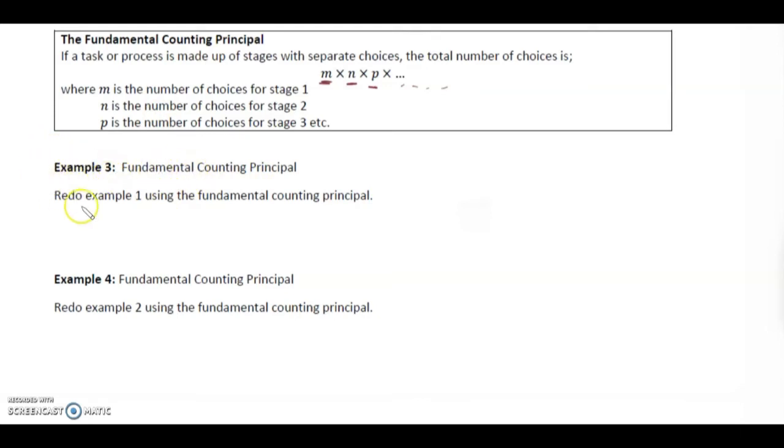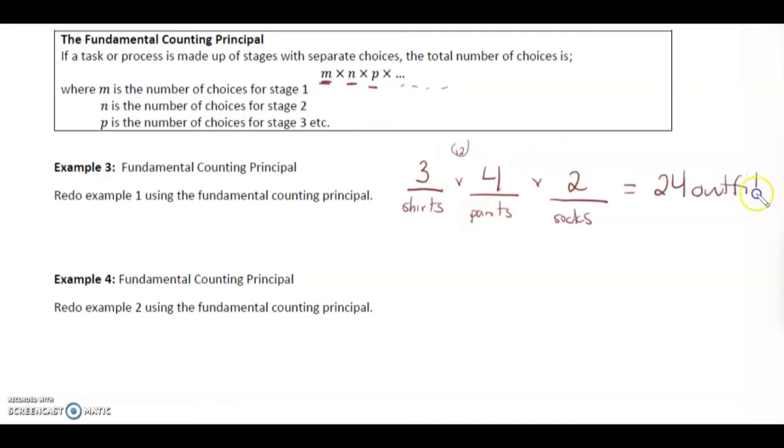Let's redo examples 1 and 2, this time using the fundamental counting principle. In example 1, we have shirts as stage 1, pants as stage 2, and socks as stage 3. We have 3 shirts, 4 pants, 2 socks. 3 times 4 is 12, times 2, we have 24 outfits.